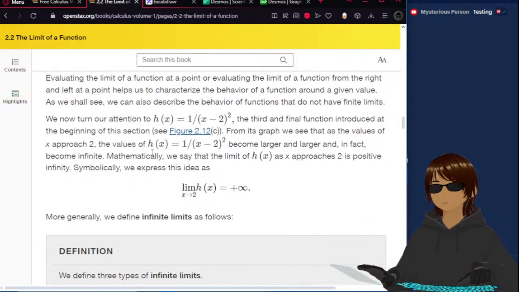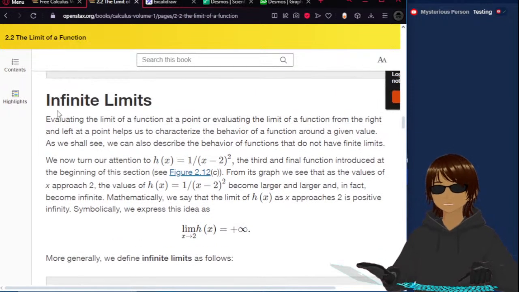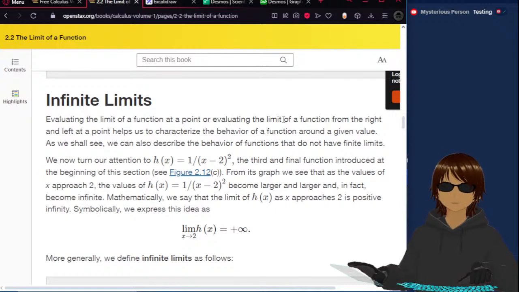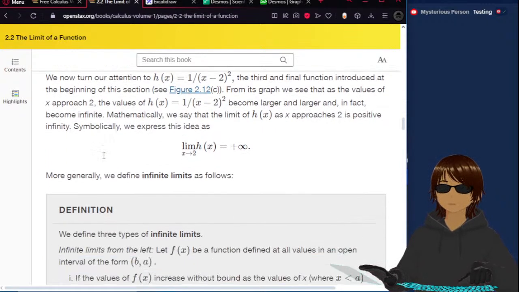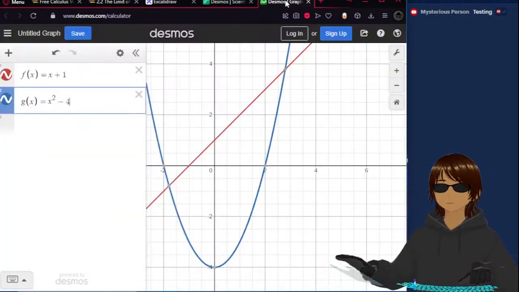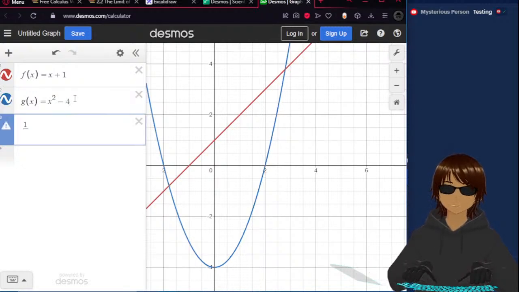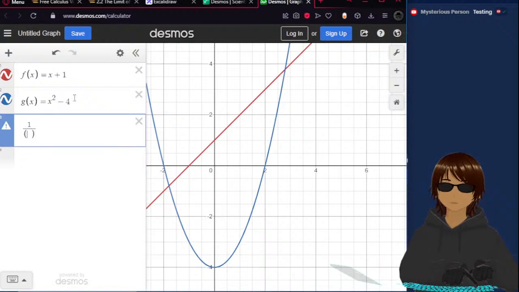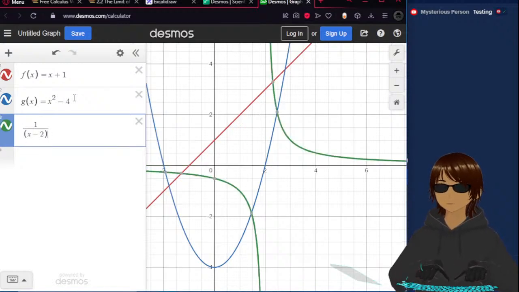Infinite limits. Evaluating the limit of a function at a point, or evaluating the limit of a function from the right and left, helps us characterize the behavior of a function. Now we turn our attention to h of x equals 1 over x minus 2 squared.